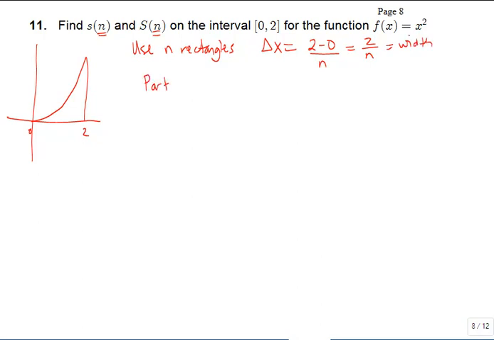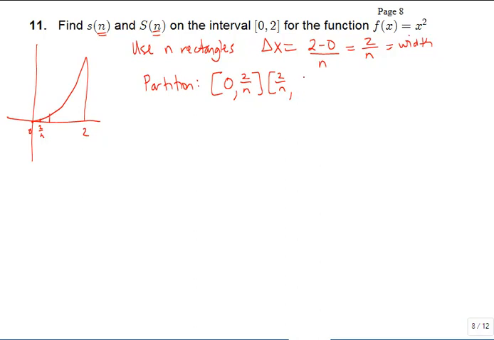So my partition would look kind of like this. It's going to start at 0, this leftmost endpoint, and the very first rectangle is going to go over one width of 2 over n. So that would be this one. Then the next rectangle is going to pick up at 2 over n, and it needs to go over a width of 2 over n as well.